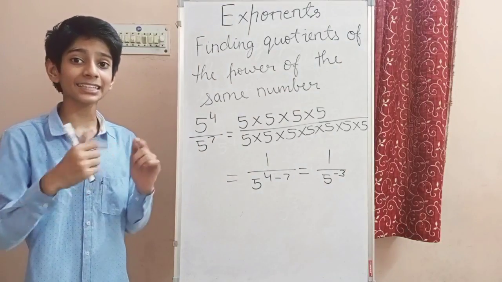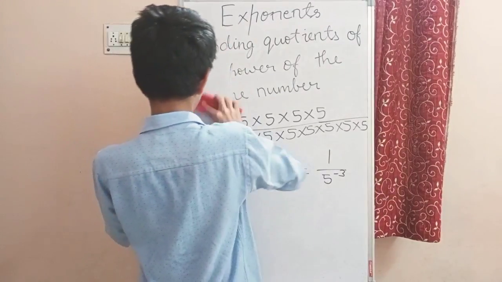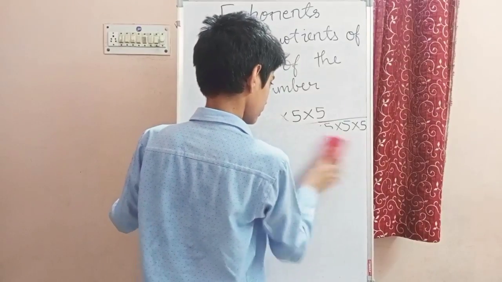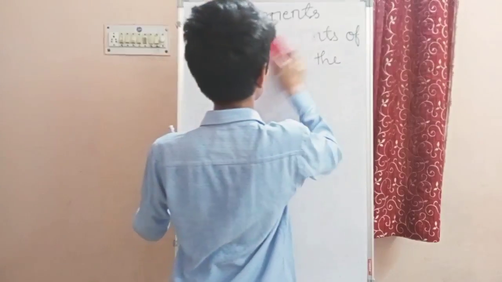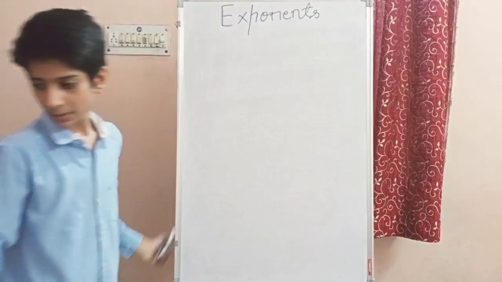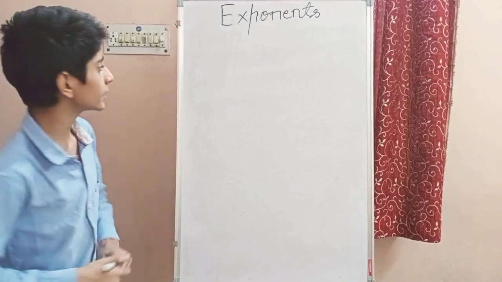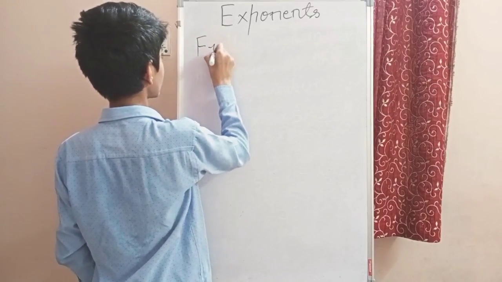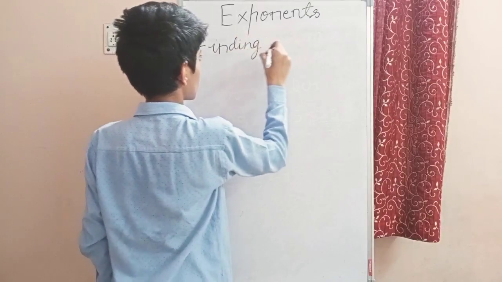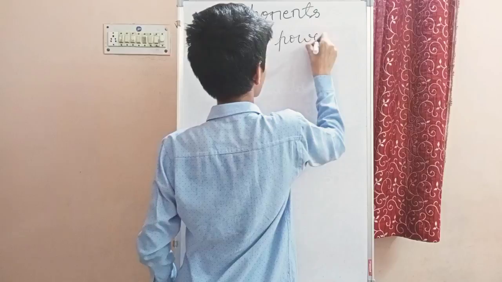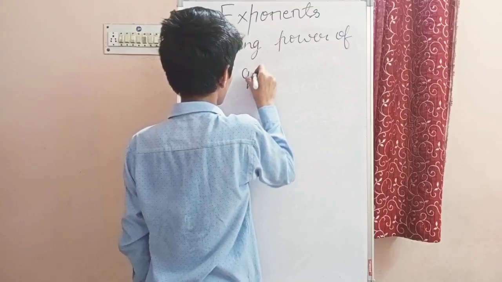Now I will tell you the last and the fifth law of exponents. The fifth law of exponents is finding power of the quotient.